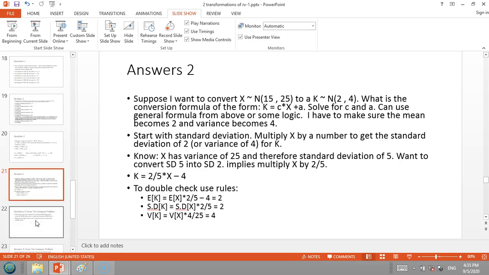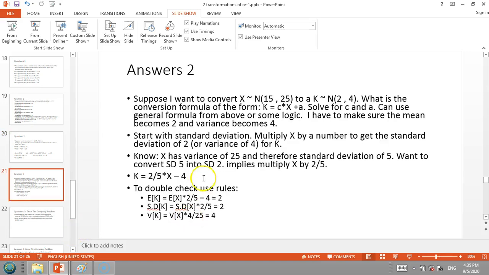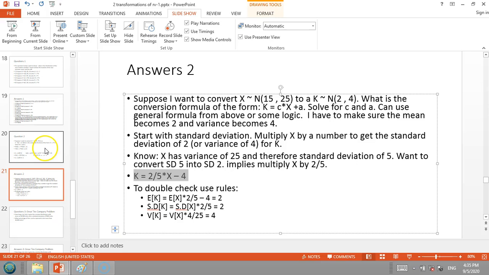I used the mean and the variance rules here to double check, and I used some logic. So there are multiple ways you can approach this to get this number. Bam, that is the correct answer.